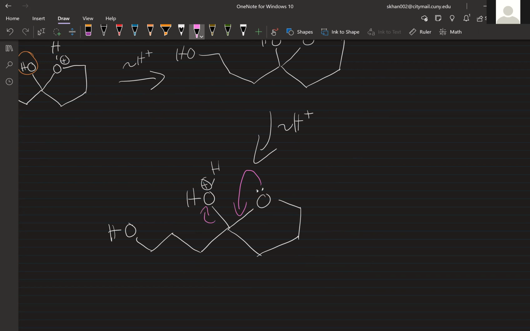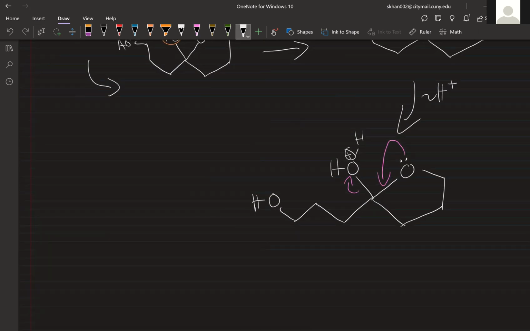And we kick off water, reform our carbonyl. Should have enough space to draw it here. Okay.